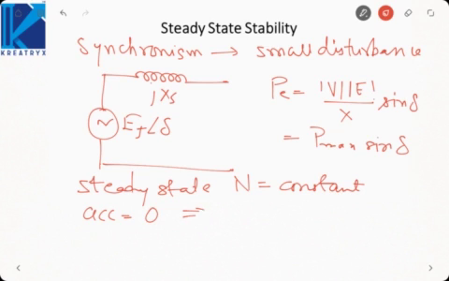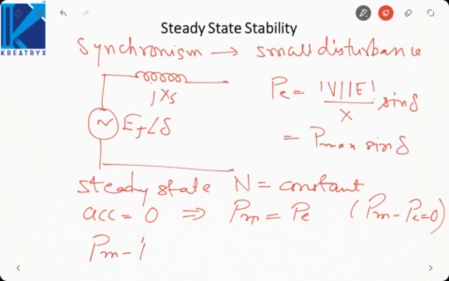If acceleration is 0, from the swing equation I can say Pm is equal to Pe, because Pm minus Pe must be 0. Pm minus Pe is also called Pa, which is your accelerating power. So there must be no accelerating power to reduce the acceleration to 0 and make the speed constant.